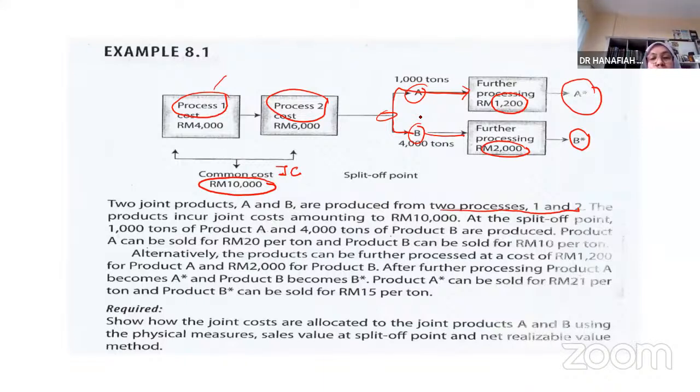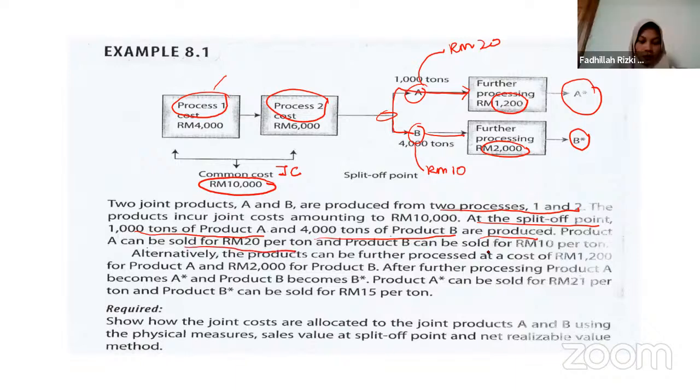At the split off point, 1,000 tons of A and 4,000 tons of B are produced. Product A can be sold at RM20 and B at RM10.